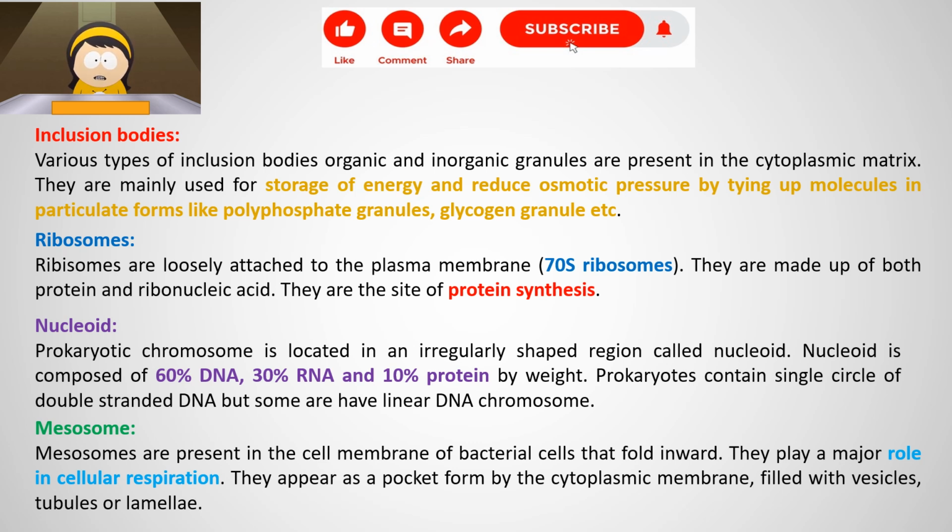Mesosome. Mesosomes are present in the cell membrane of bacterial cells that fold inward. They play a major role in cellular respiration. They appear as a pocket formed by the cytoplasmic membrane, filled with vesicles, tubules or lamellae.